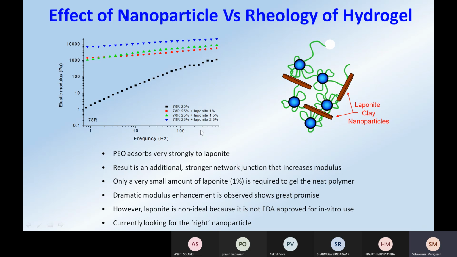So these are a few characterization tools that you can use for finding out that your hydrogel has been formed. Okay.